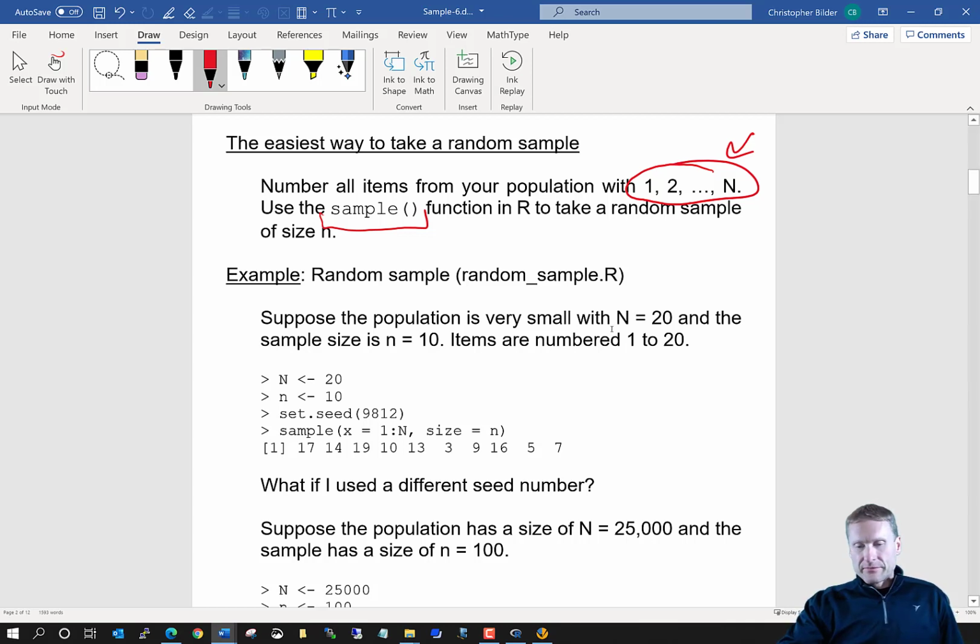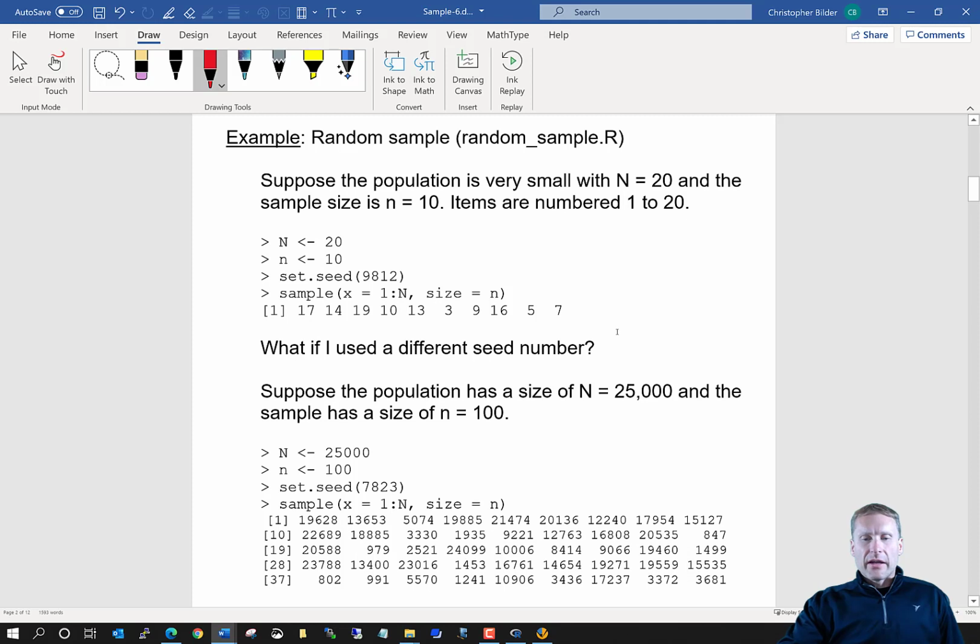So for example, let's take a look at this very simple example. Let's say that we have a very small population, only of size 20, and we want to take a random sample of size 10 from that. We number all items from 1 to 20, and then we use the sample function to sample from 1 to 20, and we're going to sample 10 of them.